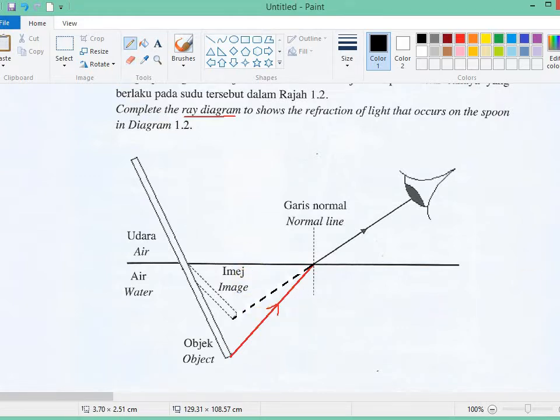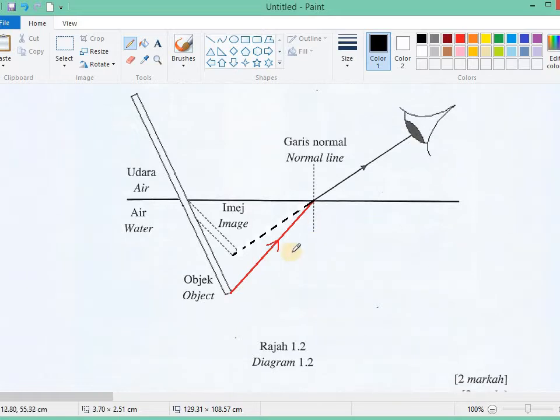This question has 2 marks. One mark is for the line for the actual light together with the arrow, and another mark for the dotted line that shows the path or direction of the image. Again, the actual light comes from the object and refracts away from the normal into the eye.